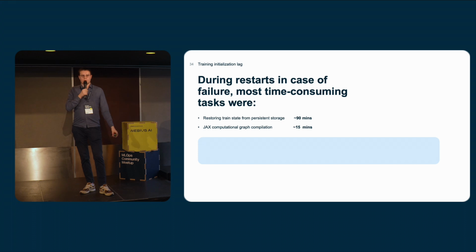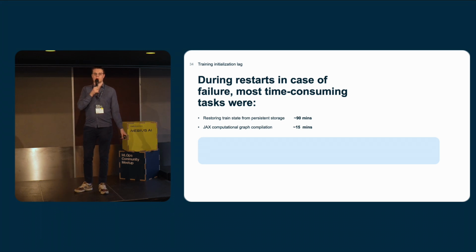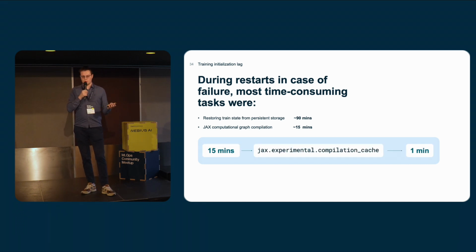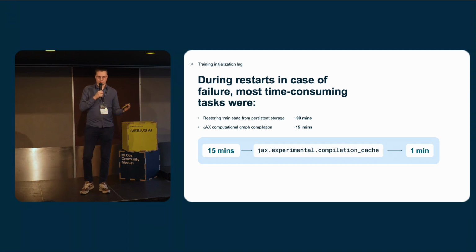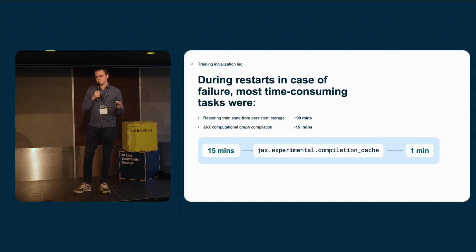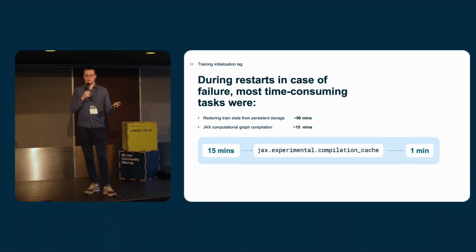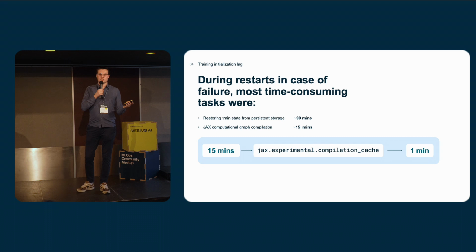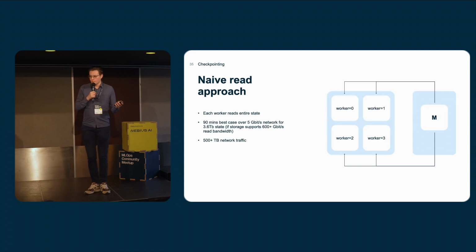For the latter issue, we found quite a straightforward solution, as JAX offers a compilation cache as an experimental feature, which we store on the network disk. This method allowed us to reduce the time required to compile the model from 15 minutes to just a matter of tens of seconds.